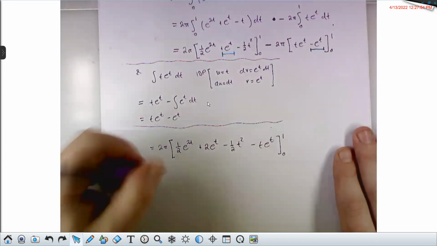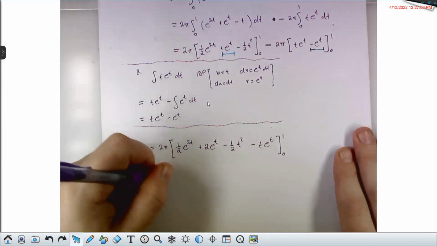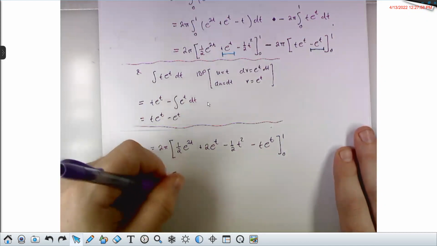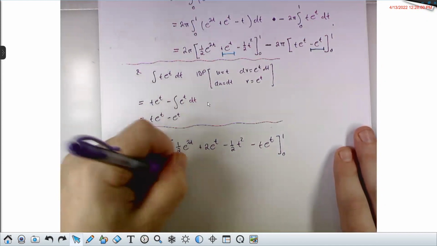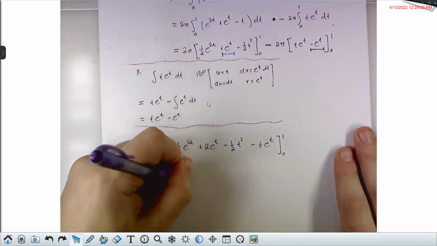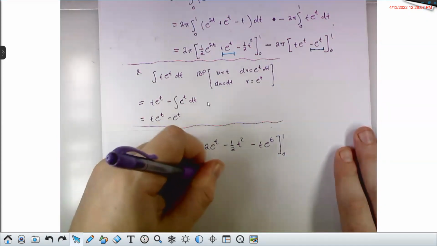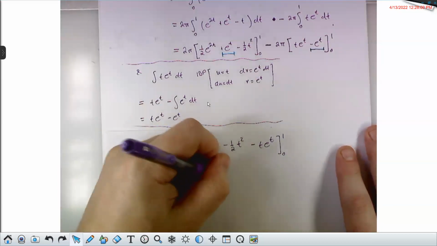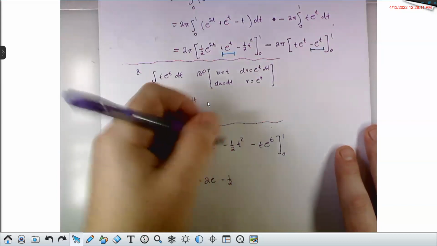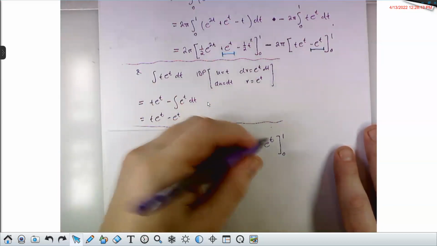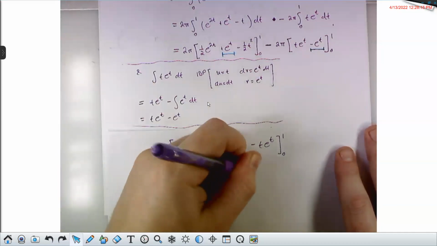So now finally we can evaluate at our upper bound. I'll have 1/2 e squared plus 2e minus 1/2, and then minus 1 times e to the 1 is minus e.